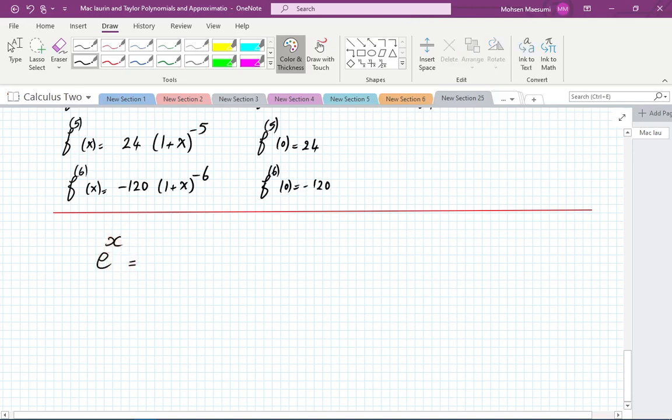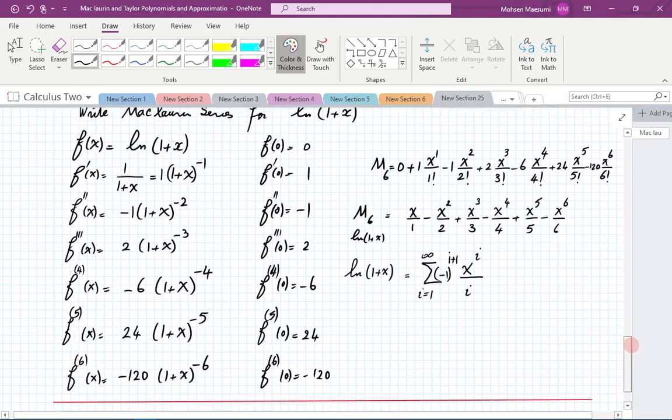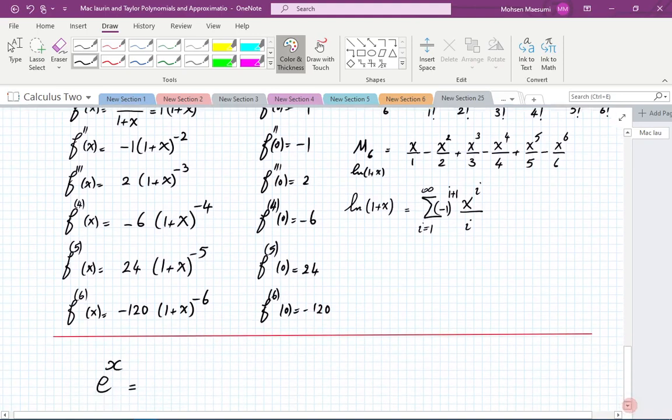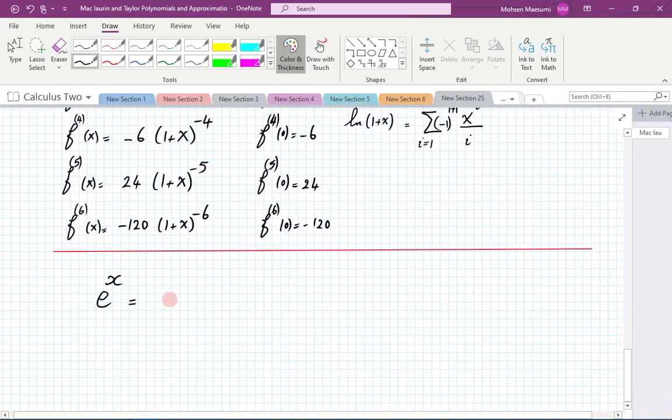This is a particularly simple one because the derivative of exponential is always just exponential, and the value of it at 0 is always just 1. So what happens is that our job becomes very easy. All over here, everything is just exponential of x, and all over here, everything is just 1. So we quickly come across the Maclaurin series for this.